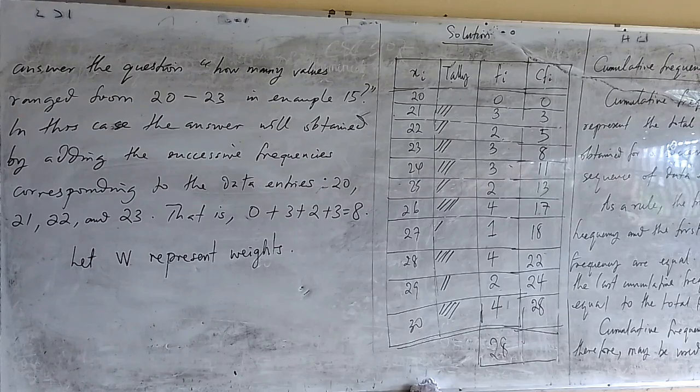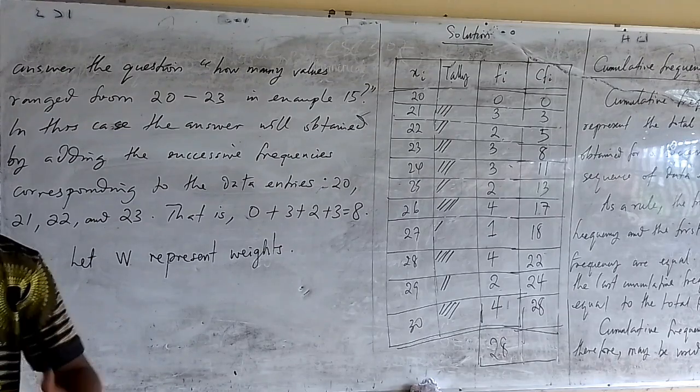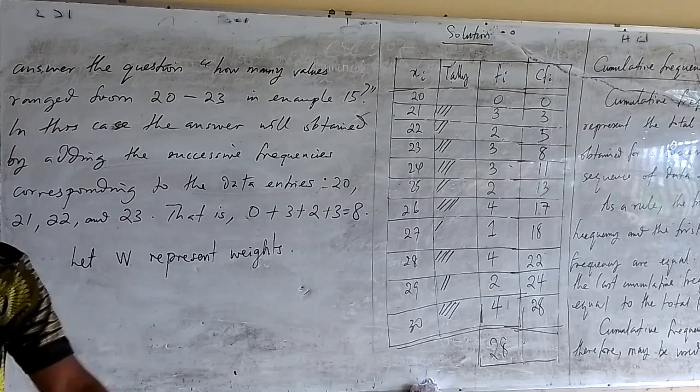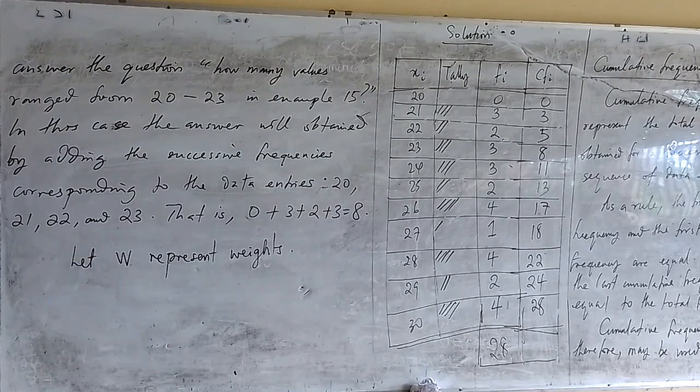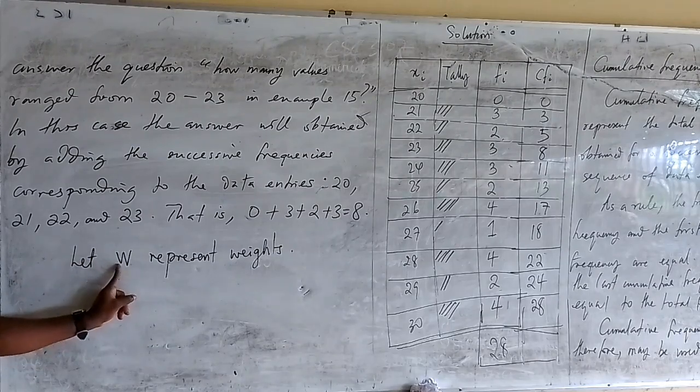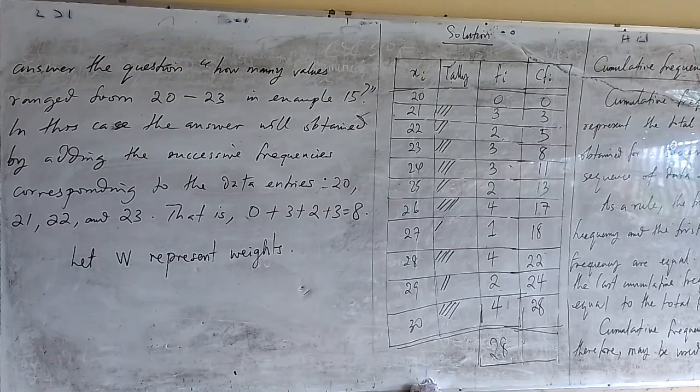So where is my W coming from? It is coming from the fact that I want to consider weights, and I want to use a letter such as the starting letter of the word weight to represent weights. Is it clear? If W is used to represent weight, it constitutes what we call a variable, because as I progress from the first person out of the 11 persons here, the weight will be changing.